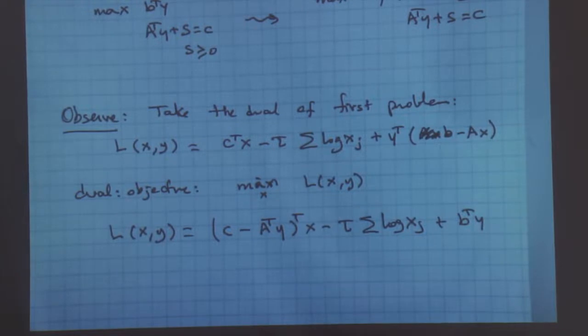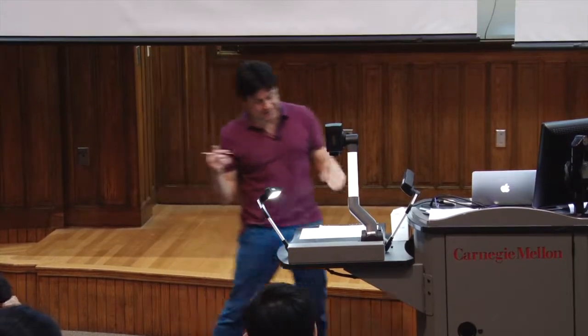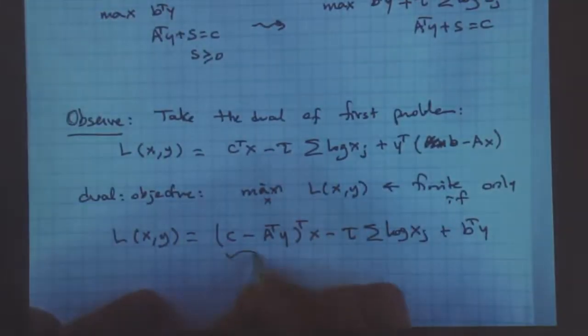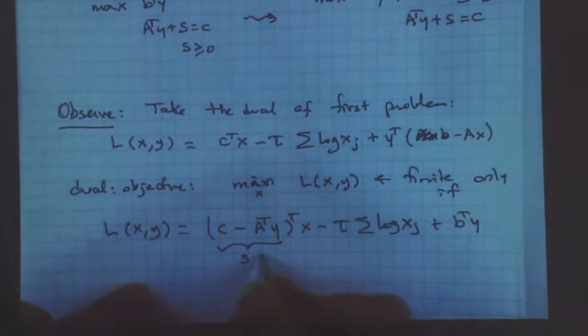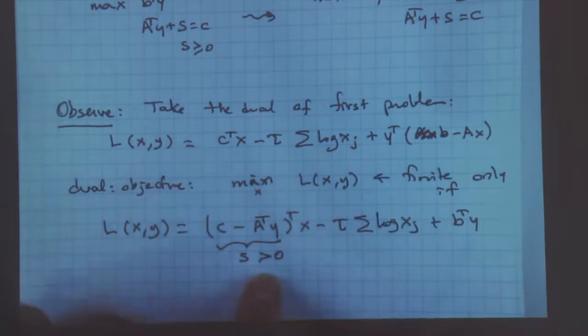Yeah, you push it to infinity. You crank it up to infinity, and that makes the dual objective minus infinity. So the dual objective is only going to be finite if this guy, which I'm going to call s, is positive. Only if this happens.